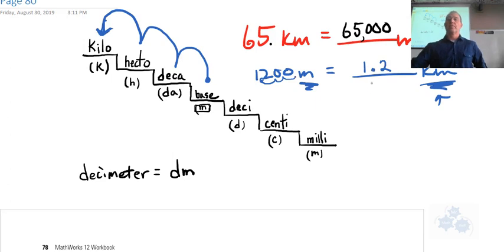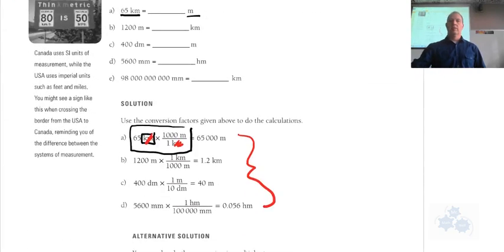You can, but you don't have to. So that's 1.2 kilometers. Now that should make a lot of sense, because if there's 1,000 meters in every kilometer, 1,200 meters means 1.2 kilometers. Got it? Okay. 5 out of 5 here, understanding?